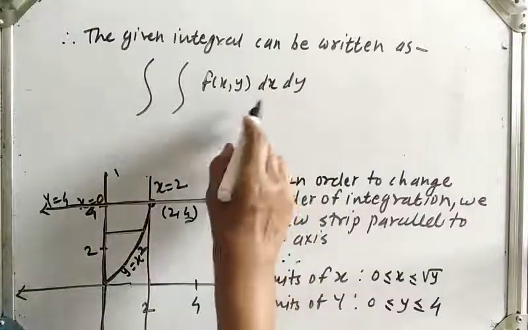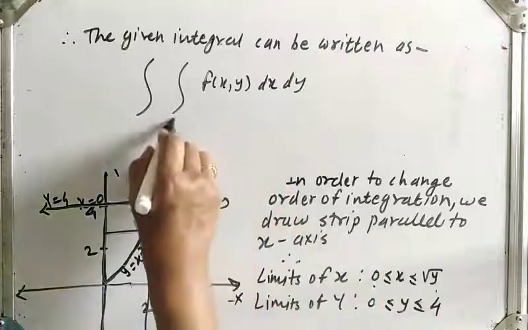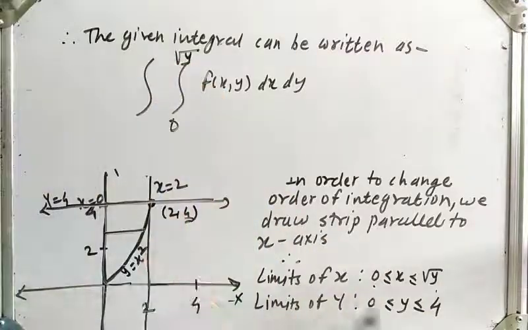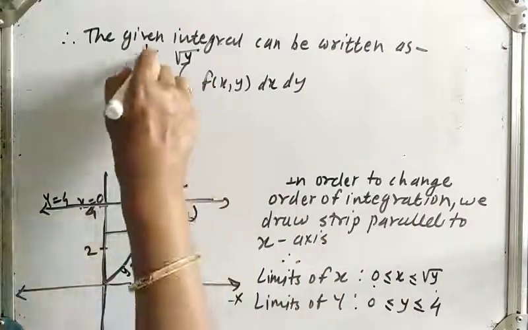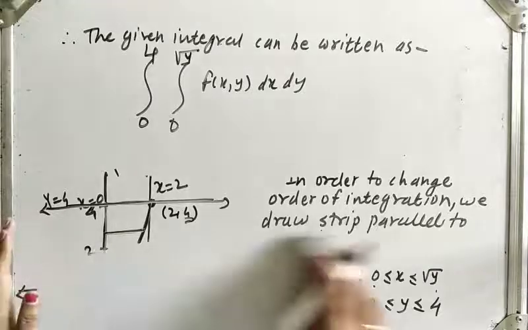In the given integral it was dy dx, and for dx dy, how do the limits change? x varies from 0 to root y and y varies from 0 to 4. Okay, so let's stop here. In the next lecture we will solve some more examples. Before that, take one example for homework.